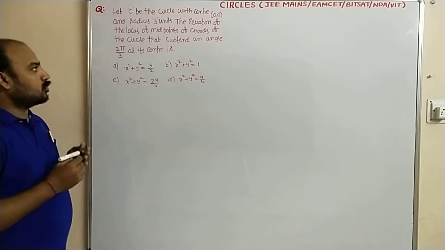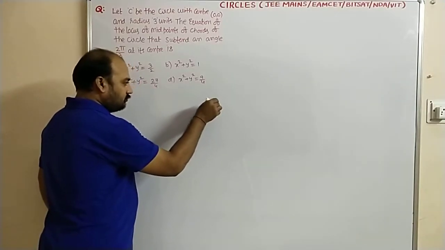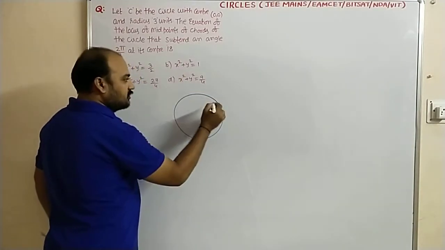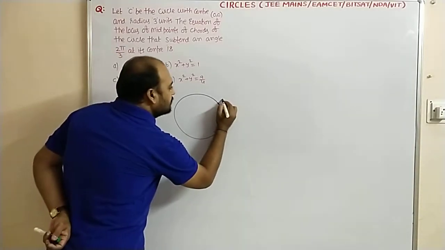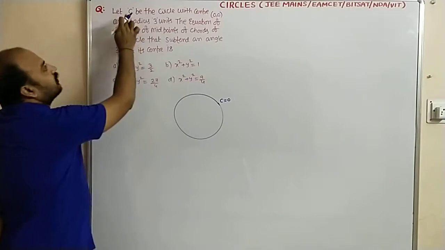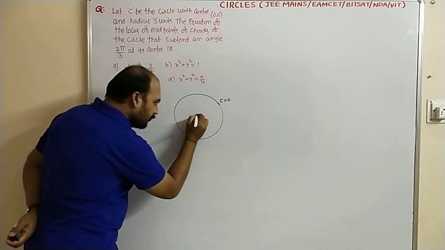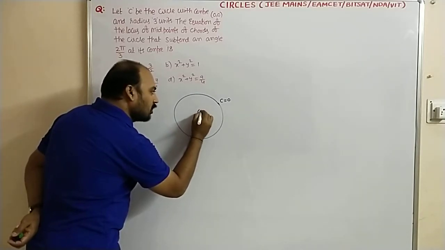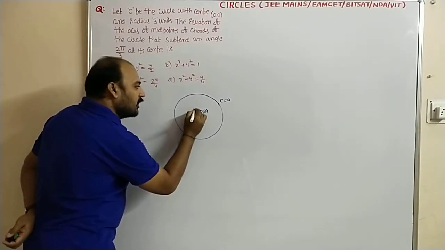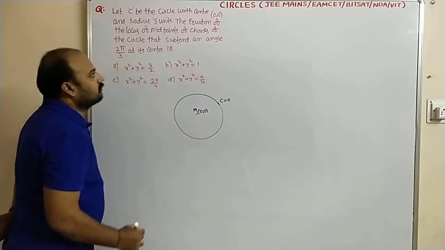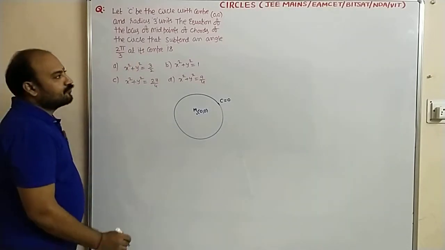See here, according to the question, if you draw the figure, this is the circle. Let C be the circle with center (0, 0). Here (0, 0) is the center. I am assuming that this is M, the center of the circle, and the radius is 3 units.